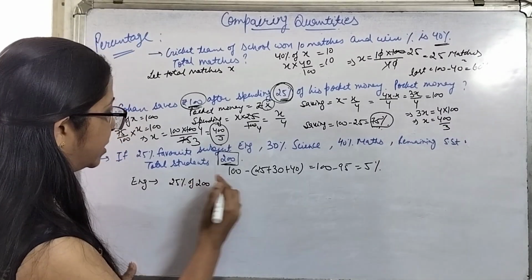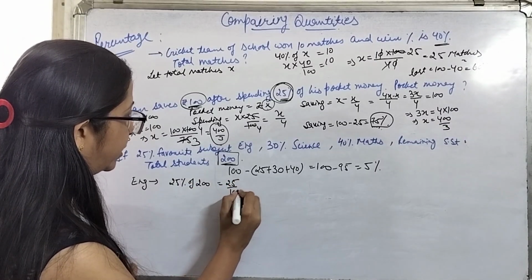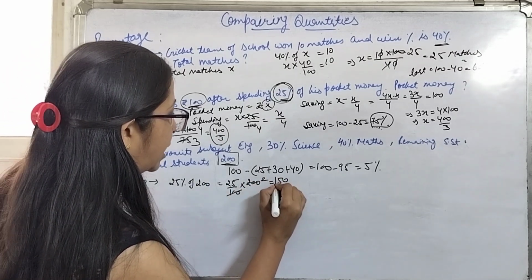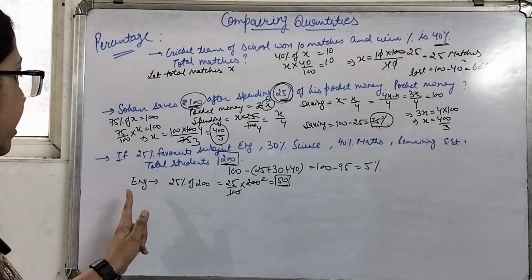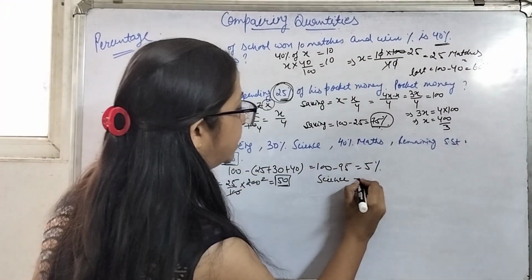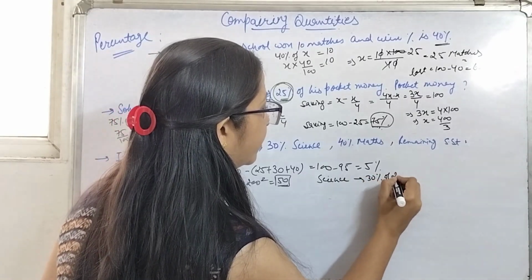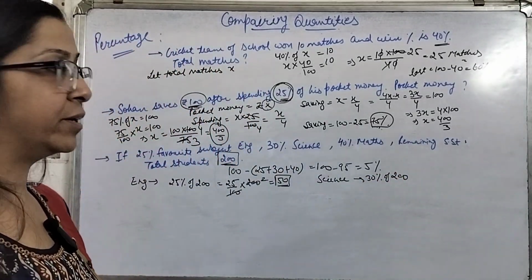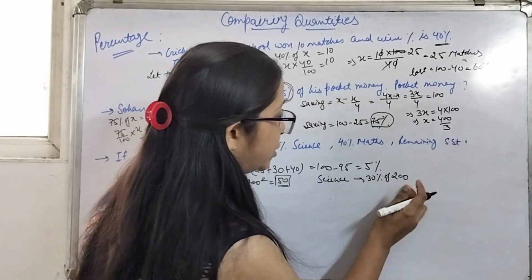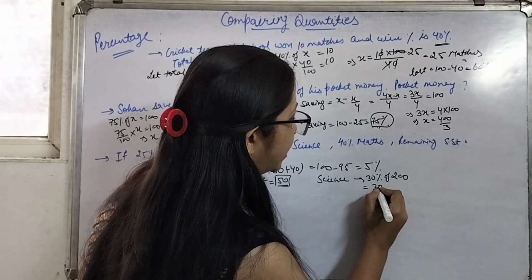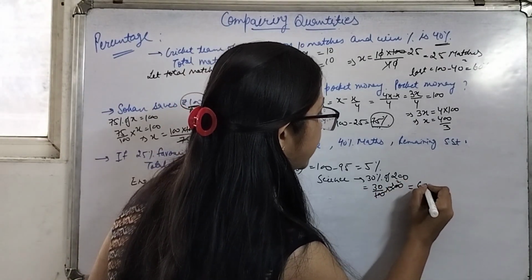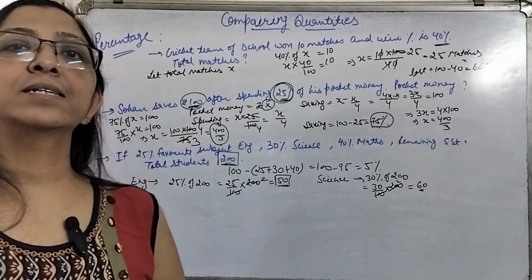25% can be written as 25 upon 100 multiplied by 200. So that is 50 students whose favorite subject is English. Now for science it is 30% of 200, that is 30 upon 100 multiplied by 200, which is 60 students whose favorite subject is science.